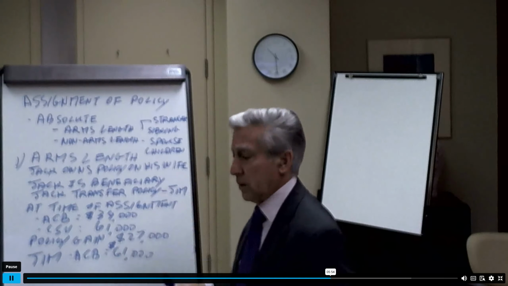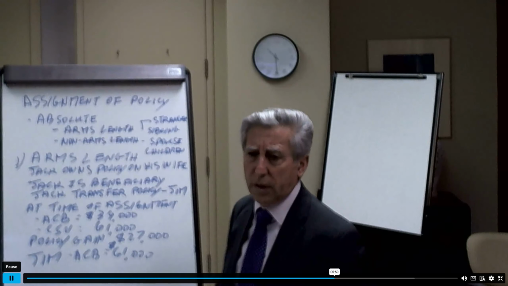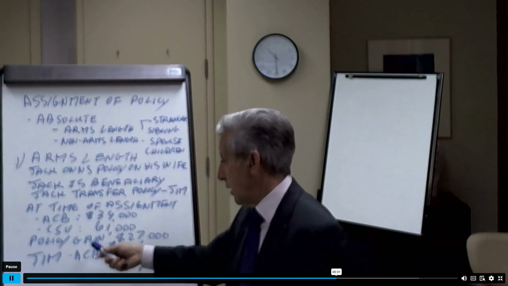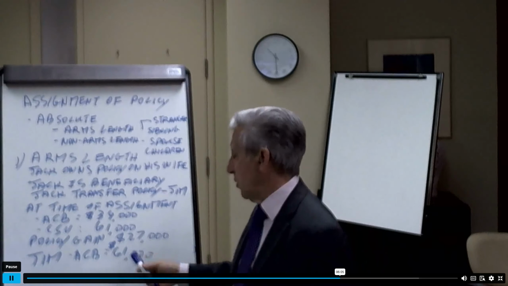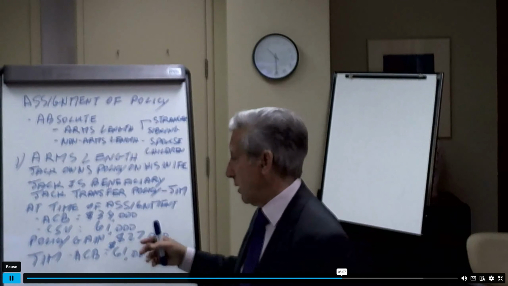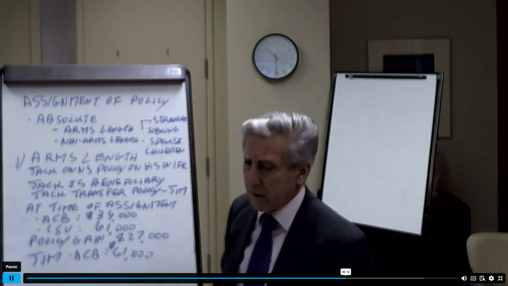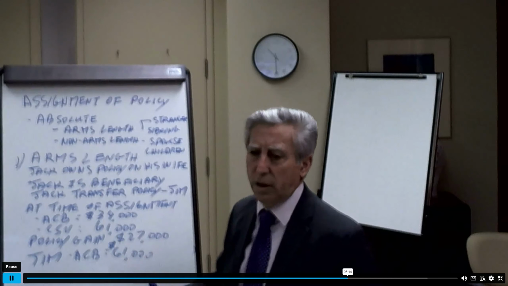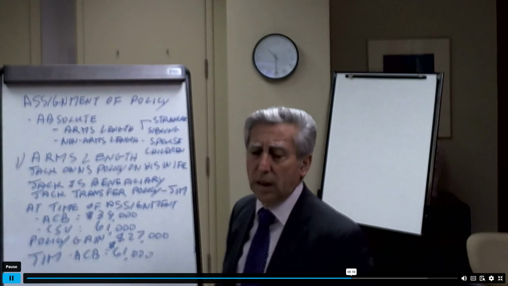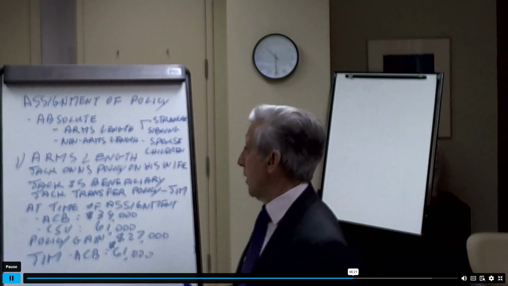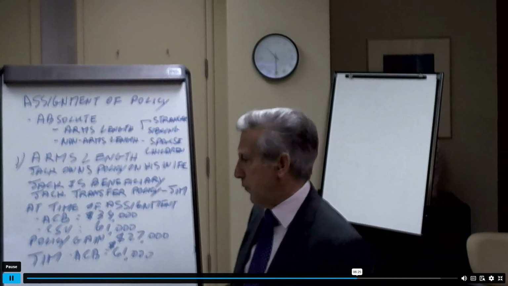So at the point of the new disposition, when Jim cancels it or disposes of it however he does, the gain between the $61,000 and whatever the value is at that time will be the new policy gain. And of course, new taxation will have to be paid on that. But up to the $61,000, he does not have to worry about that at all. Okay, so that is the taxation of an absolute transfer at arm's length.